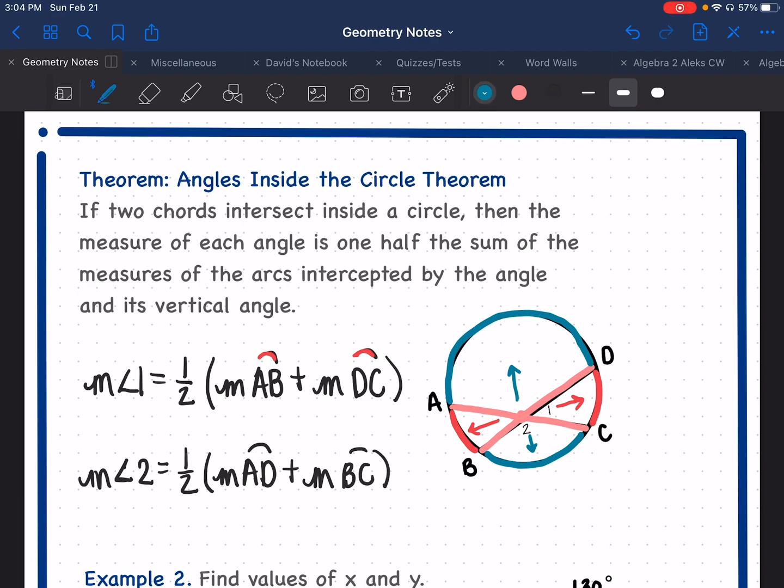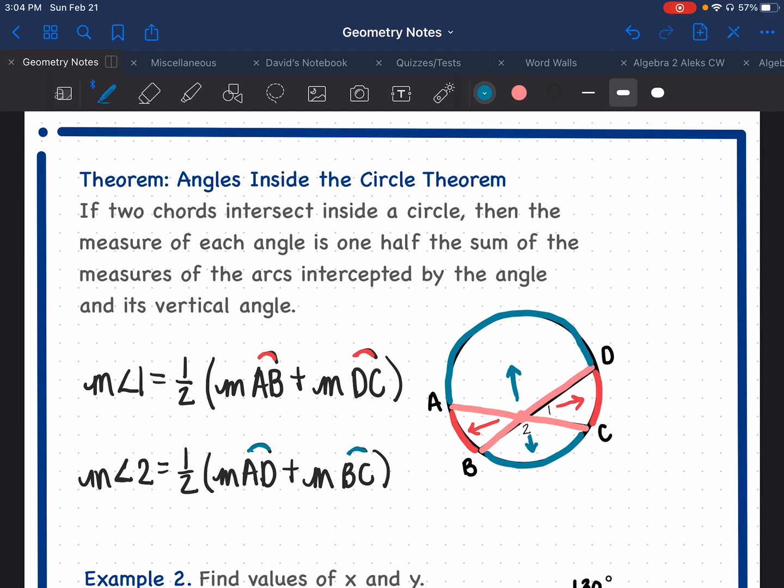Just notice that they're going across from the angle. You take the angle and you go down, and then you take its vertical. That's how I'm getting the two that pair up.